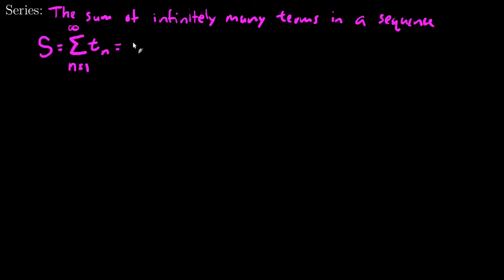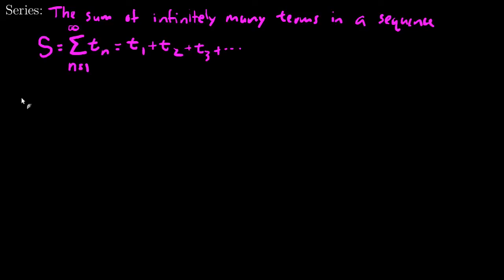So this basically does t1, and I put in a 2 plus t2, and I put in a 3 plus t3, put in a 4, all the way up to, in this case, infinity. Now, you can't actually go through and add each of these infinitely many things. It would take an infinite amount of time to add, let's just say, 1 plus 1/2 plus 1/4 plus 1/8. So there's got to be some idea how to get here.